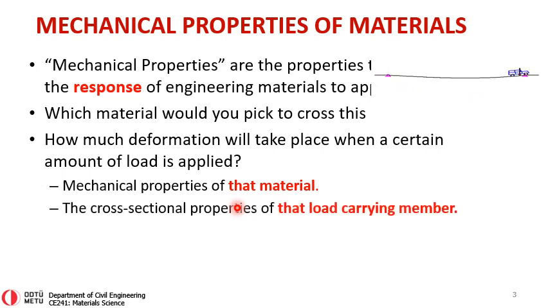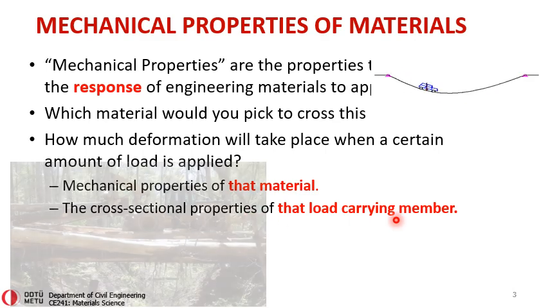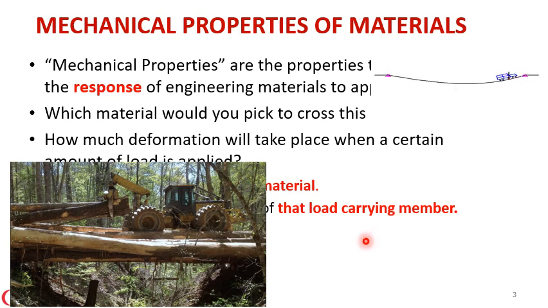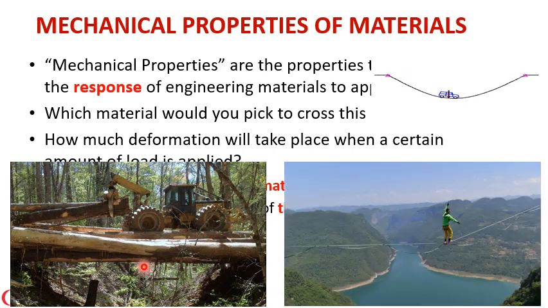But that will also depend on the cross-sectional properties of the load-carrying member that you select. Like, you can pick huge, big logs like this, so you can carry this heavy machinery, or you can pick a tiny little rope that can just carry this man over here.